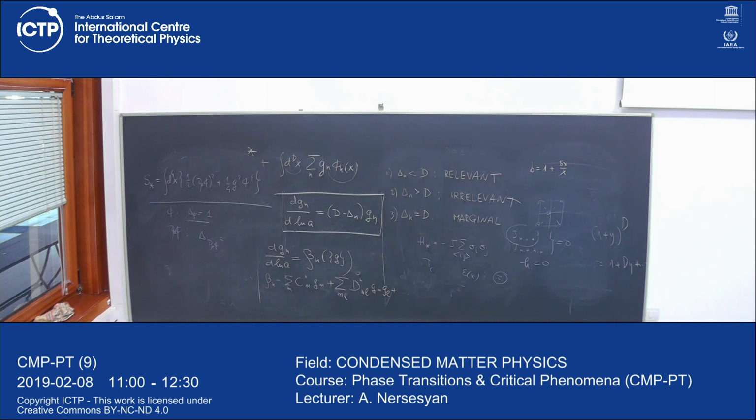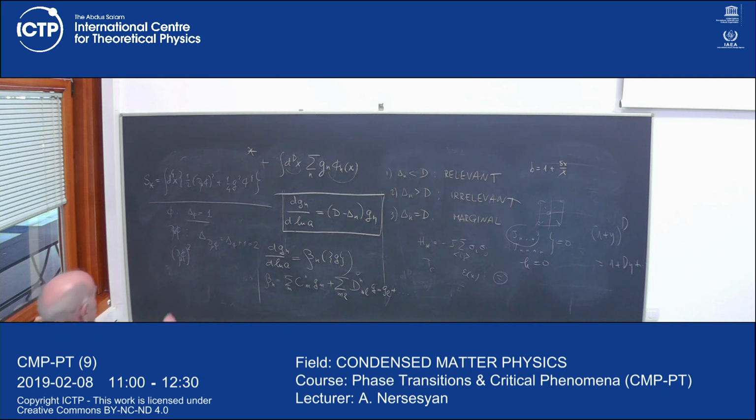You differentiate the field once, you send one more x into the denominator. It will be the dimension of phi plus 1, so it will be 2. Right. What will be the scaling dimension of (∂μφ)^2?